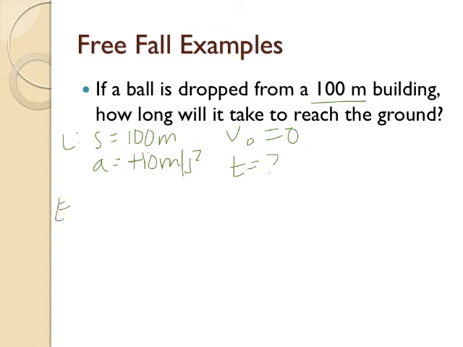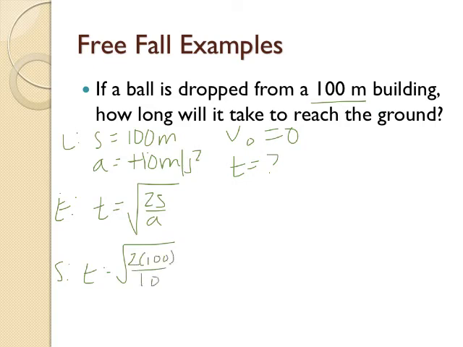So this uses the other 0 initial velocity equation, that t equals the square root of 2s over a. So t equals the square root of 2 times 100 divided by 10, which would be square root of 200 divided by 10, or the square root of 20.